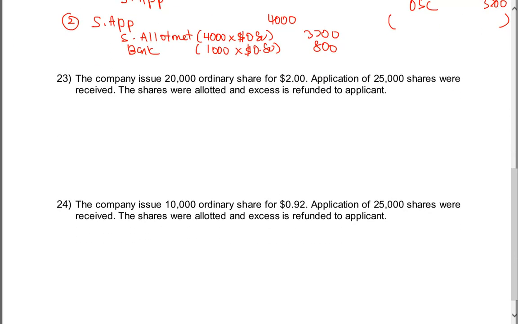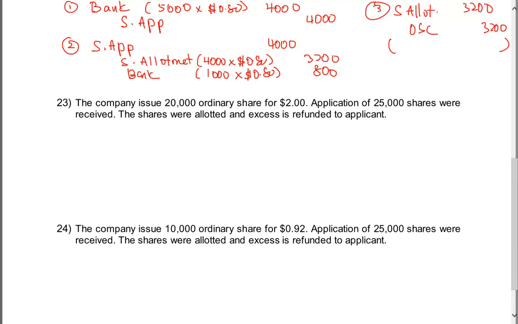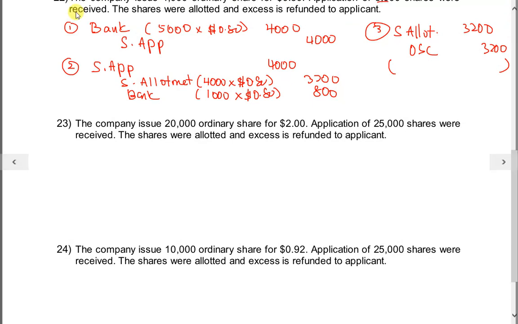Number 23. The company issued 20,000 ordinary shares at $2. Application received is 25,000. So debit bank, application is 25,000 shares at $2, so 50,000, credit share application 50,000.